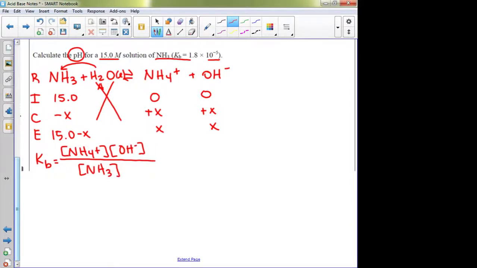Because I had to remember water's not included because water is a liquid. So then I say my Kb is 1.8 times 10 to the negative fifth. This is x and x, so I would get x squared. This is 15.0 minus x.